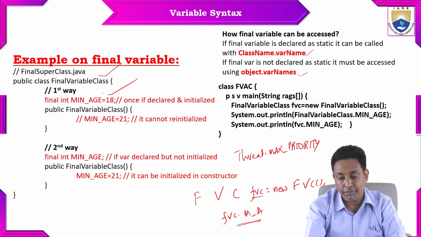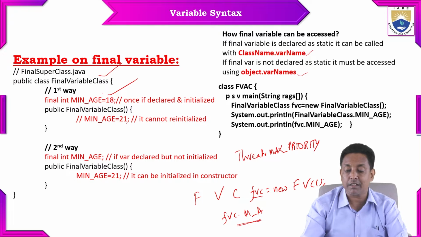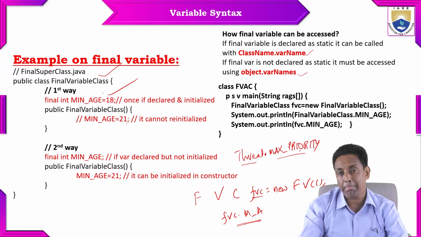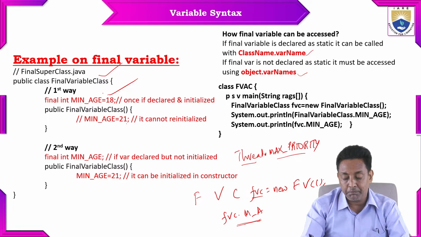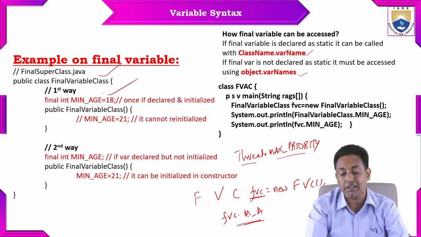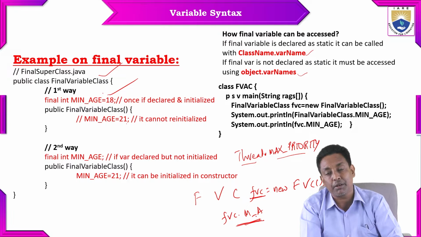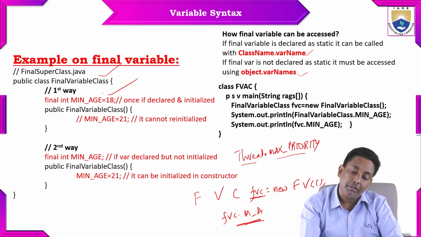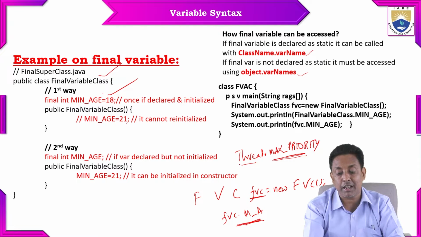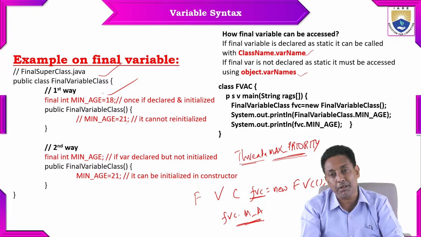How come a final variable is accessed directly using class name dot variable name? In fact, the actual method of accessing a variable is by creating an object of the class, and with object dot you must access the variable. How come the Thread class MAX_PRIORITY variable is being accessed directly with the help of class name dot variable name?